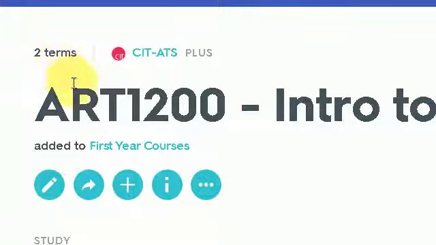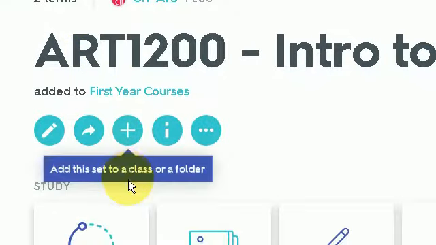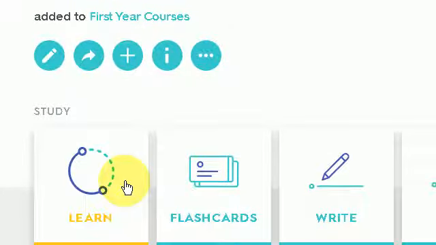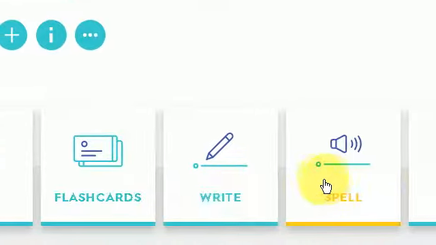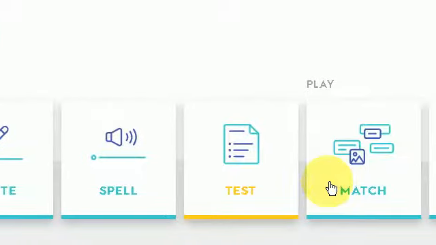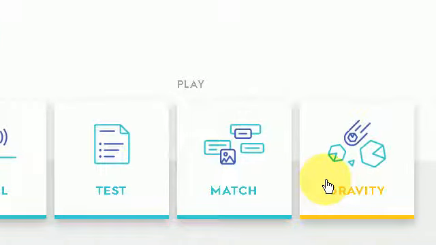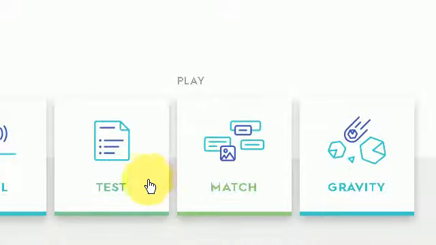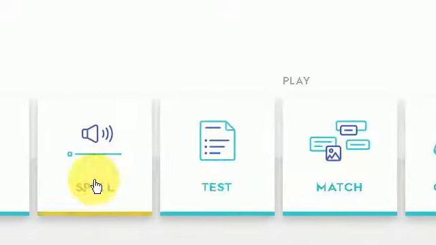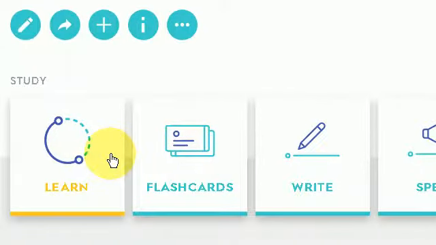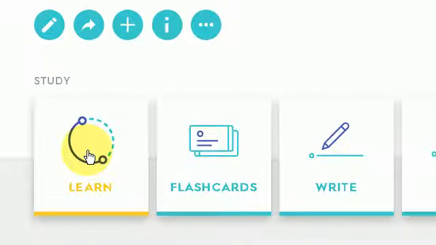In order to use it, you have a number of different options. You have the option to learn, which is my favorite, and you also have spelling options, tests, match, gravity. I find these options are quite good for very short, almost 1 or 2 word term and definition Quizlet sets. But my favorite, as I stated, is the learn option.